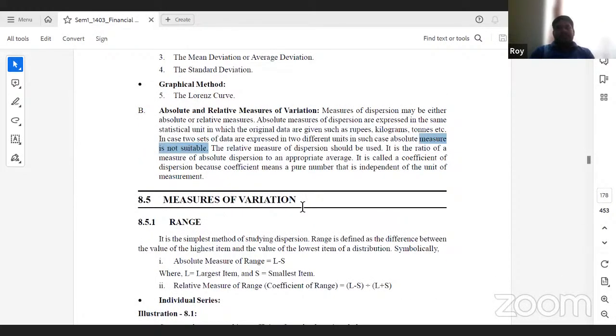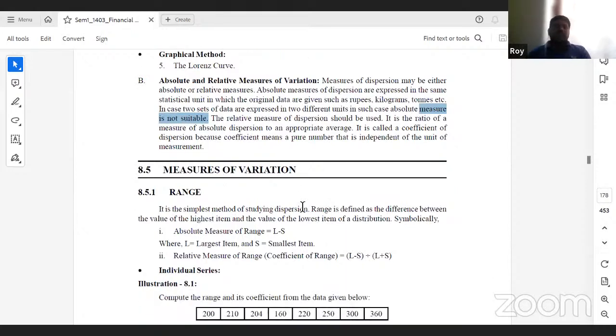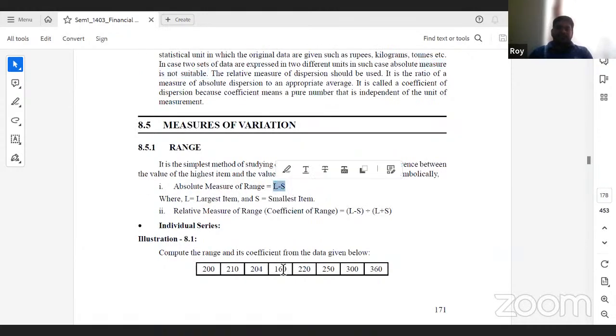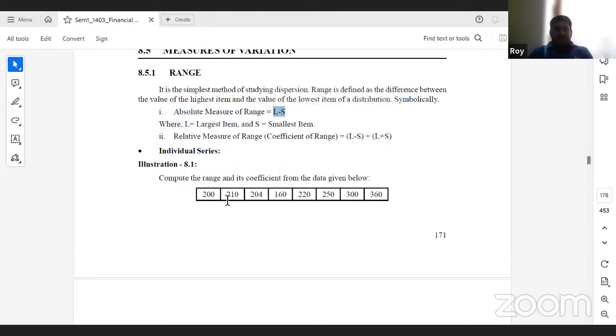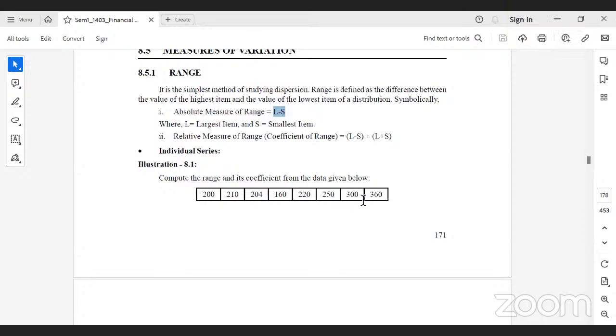Okay, measures of variation. Let us see the range. This is the basic thing, right? The range is the simplest method of studying dispersion. Range is defined as the difference between the value of the highest item and the value of the lowest item of a distribution, symbolically L minus S. If this is the range, what is the highest number here? 360, sir.